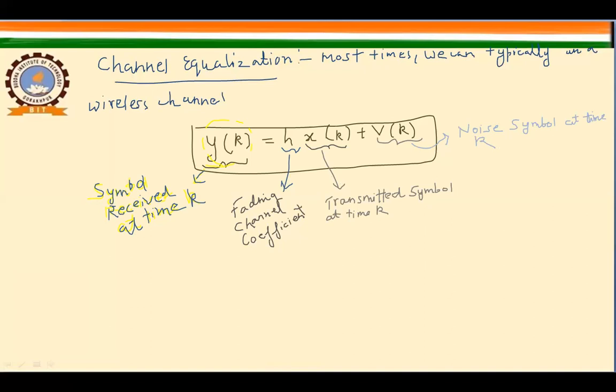So I have y of k signal is the product of fading coefficient and input signal plus noise from the channel.